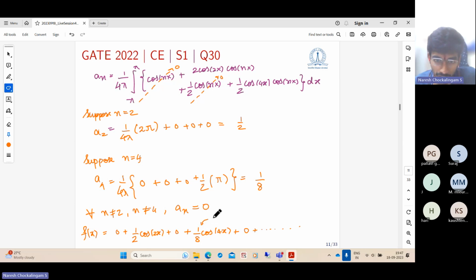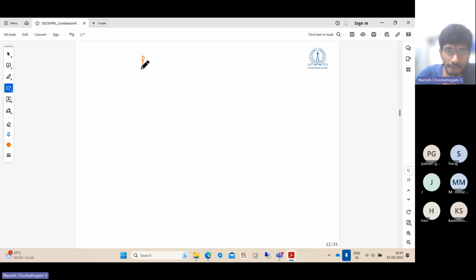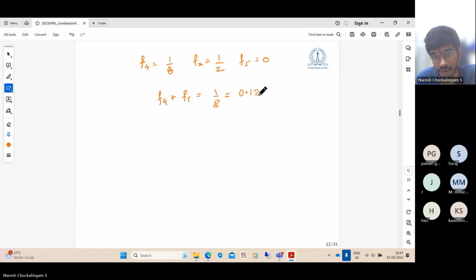So this is F4, this is F5. And what is asked in the question? We are asked F4 plus F5. So F4 is equal to 1 by 8. F2 is equal to 1 by 2. F5 is equal to 0. And all other ends are 0. So F4 plus F5 is equal to 1 by 8, which is 0.125.